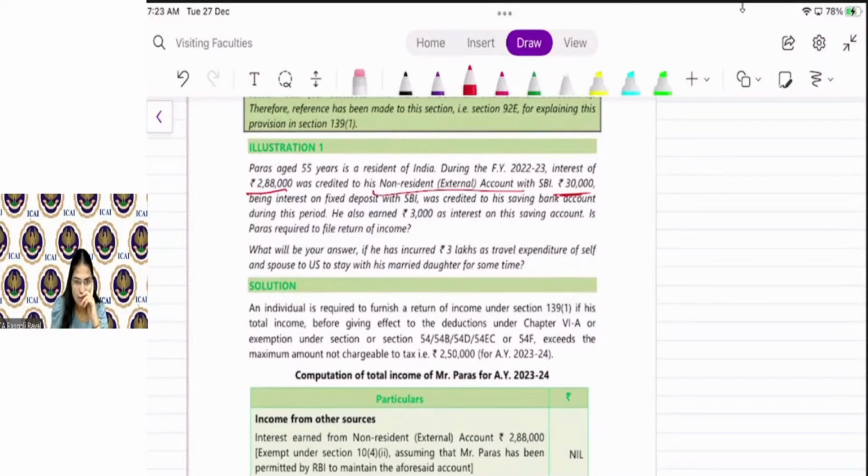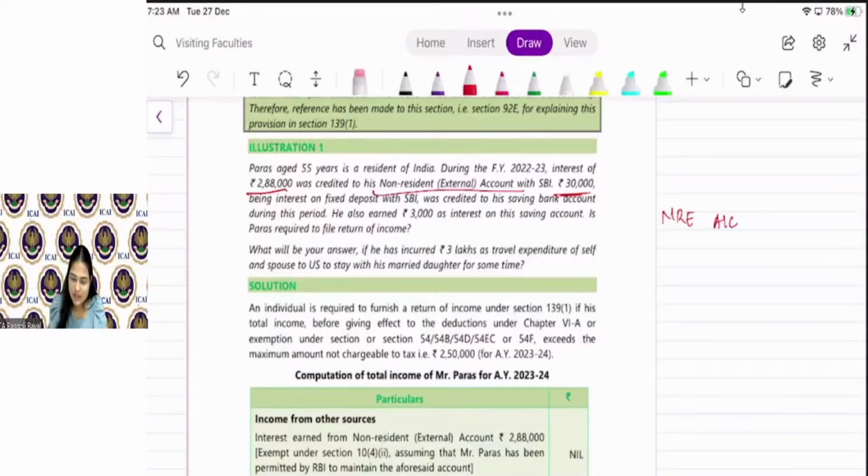So in this case, whatever interest you receive in your non-resident external account, that is the NRE account, is exempt from tax if the RBI has permitted you to maintain the NRE account. So here we assume that Paras has the permission of the RBI to maintain the NRE account.